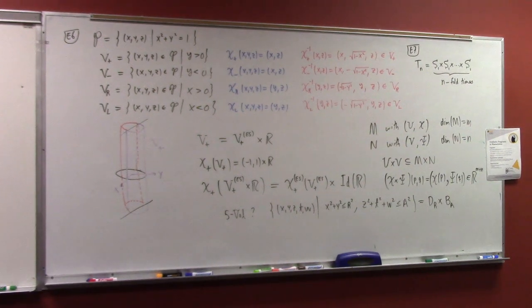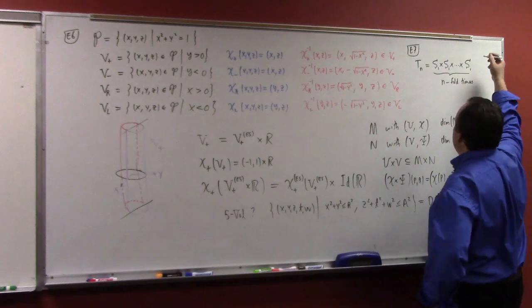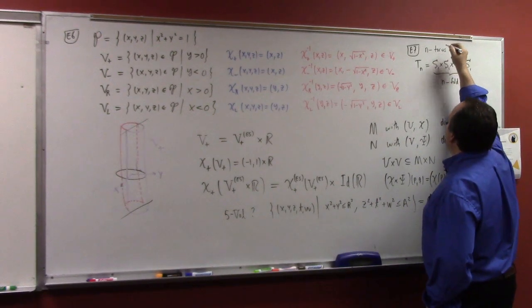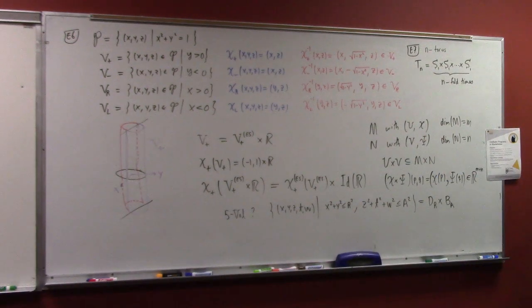We're almost done. So T_n, this is also known as the n-torus. The n-torus is the Cartesian product of a circle n-fold times. All right? It is an n-dimensional manifold.